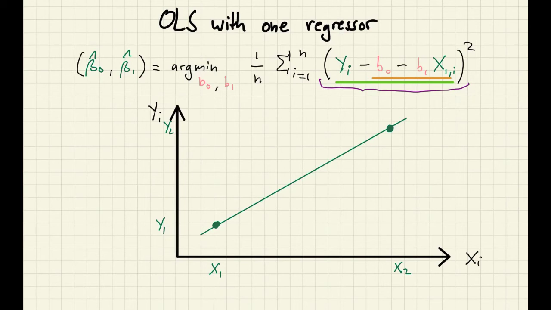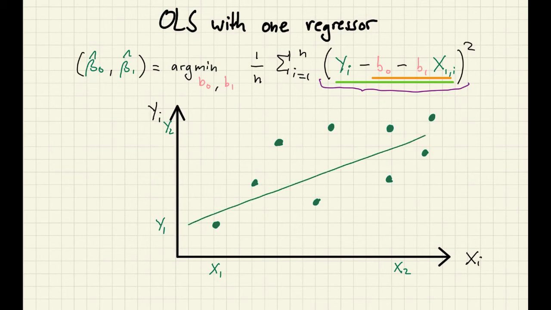However, if we have more than 2 data points, then it is typically not possible to fit a linear curve such that all the data points lie directly on the curve. Instead, OLS tends to fit a curve such that most of the data points lie kind of close to the curve, but typically no data points lie directly on the curve.